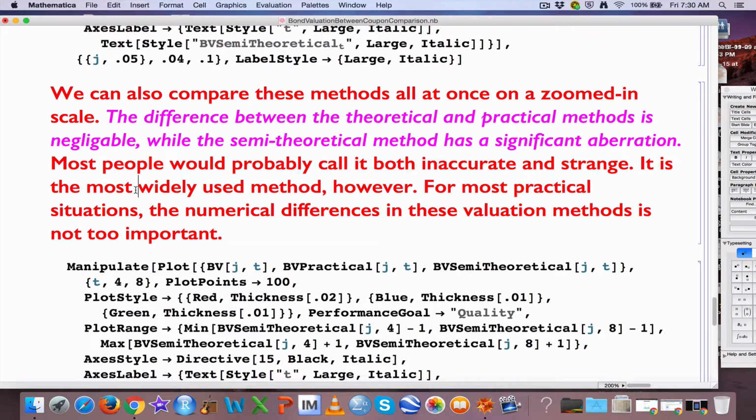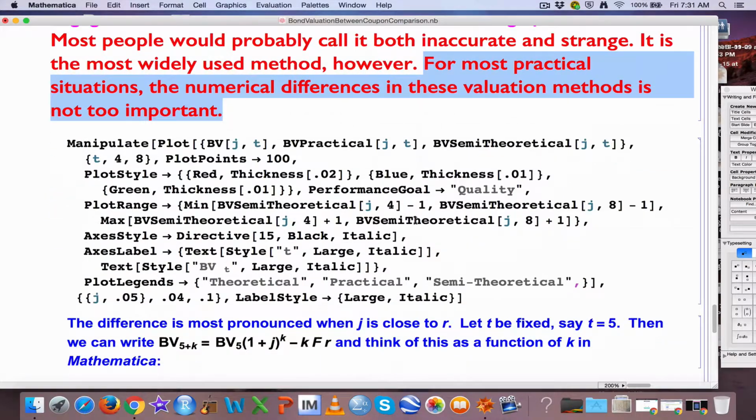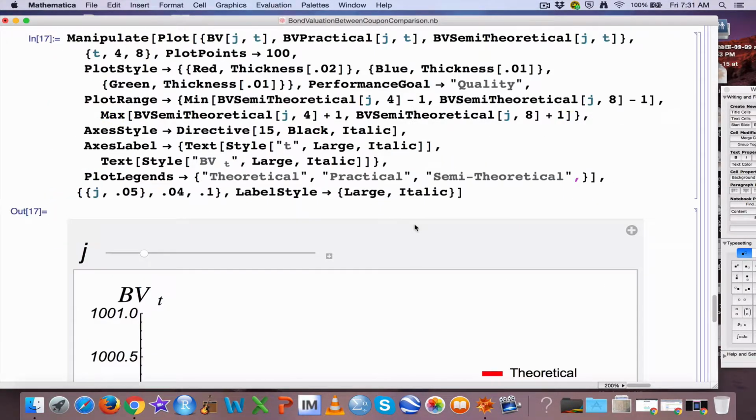It is, I will emphasize again, the most widely used method, however. And for most practical situations, the numerical differences in these methods is not too important because your dollar amounts are fairly small. We're talking on the order of cents of differences. If we're talking bigger bond sales, millions of dollars, then it could make a big difference.